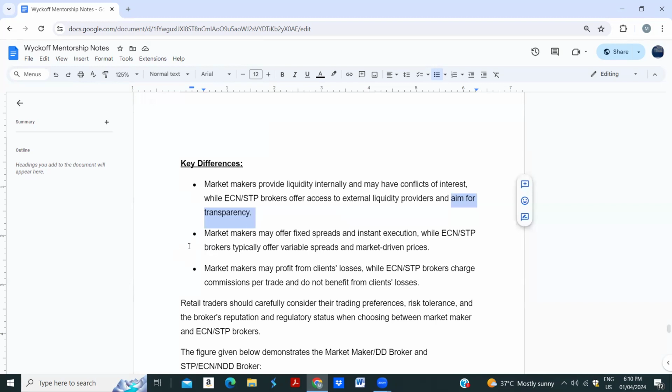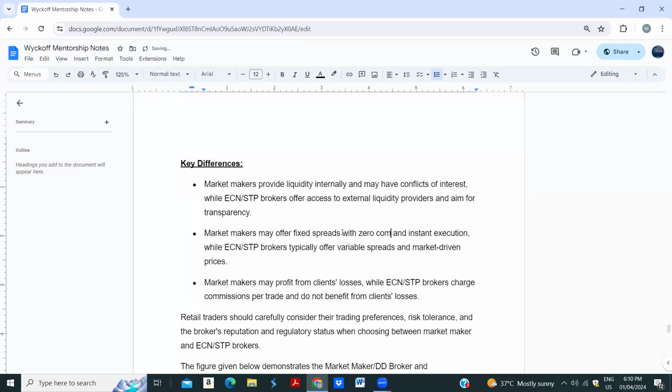The second key difference is market makers may offer fixed spreads and zero commissions with instant execution, while ECN and STP brokers typically charge commissions and offer variable spreads and market-driven prices.